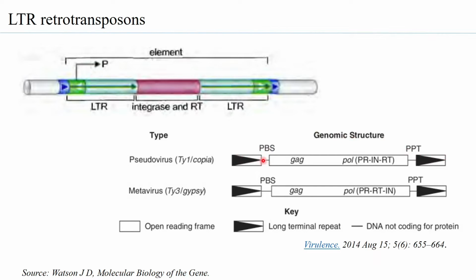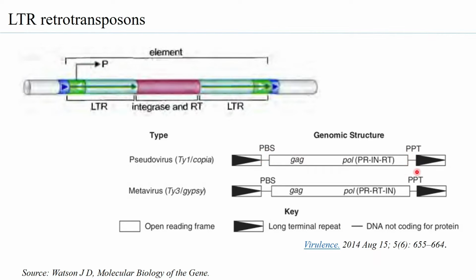Now you have for all elements a region in the 5' untranslated region. So this portion can be translated. This is the untranslated region. Within this untranslated region is present the primer binding sequence or primer binding site, which we will look at what the function is later on. And at the other end, you have what is called the polypyrimidine tract.